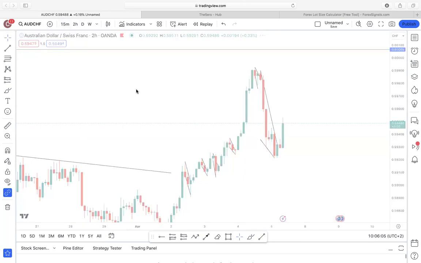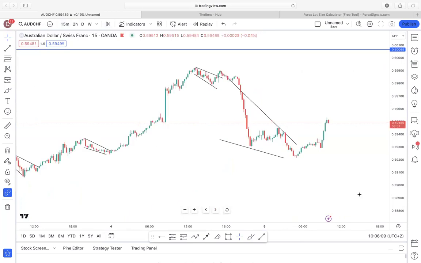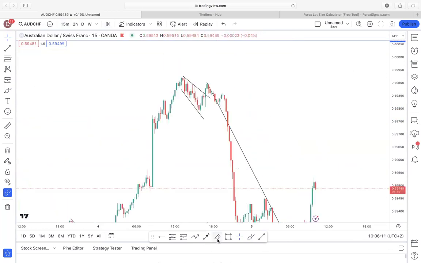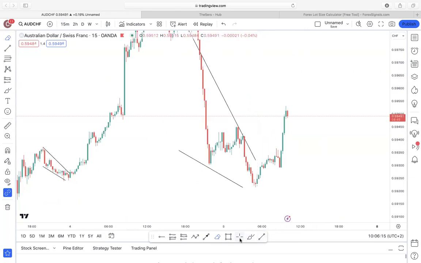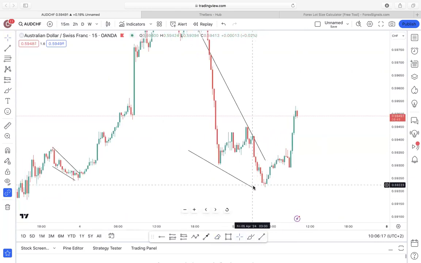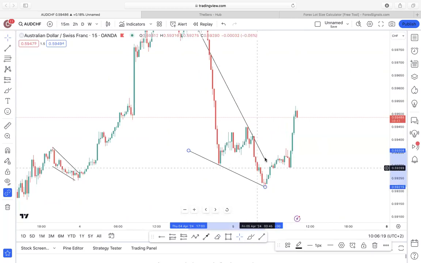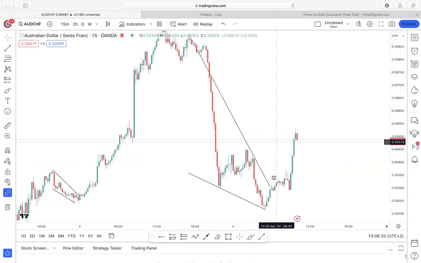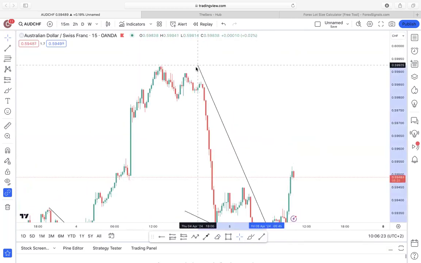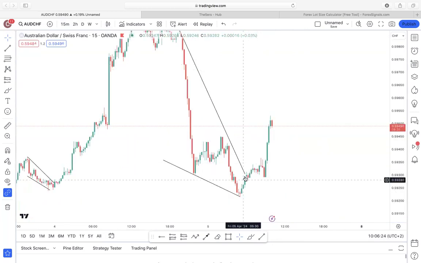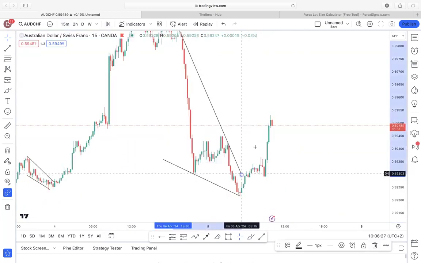So on the lower time frame, let us drop there and see what we are looking for. Just to make our charts neat, I'll remove this and align this properly. Okay, perfect.